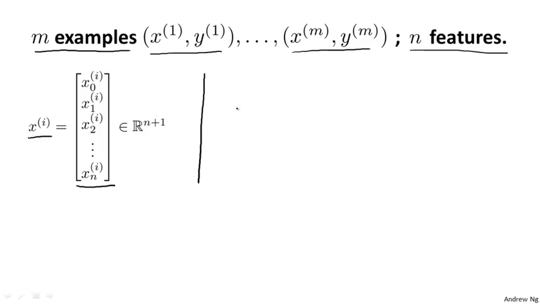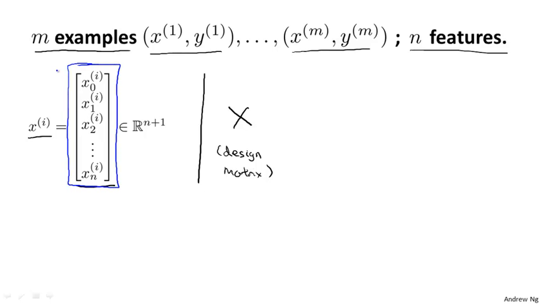The way I'm going to construct the matrix X, which is also called the design matrix, is as follows. Each training example gives me a feature vector like this, an n plus 1 dimensional vector.